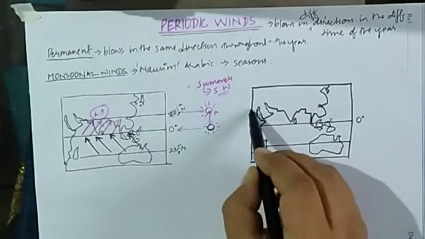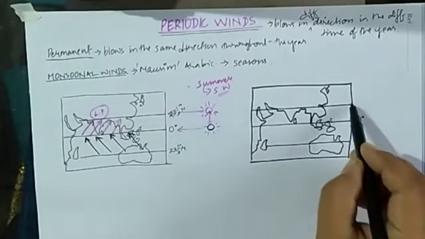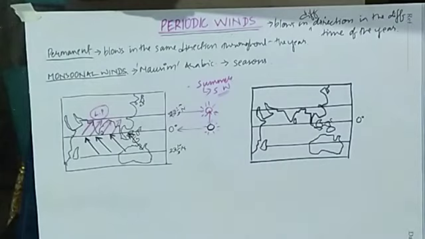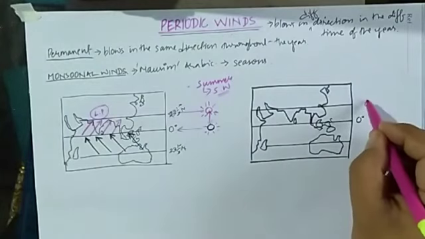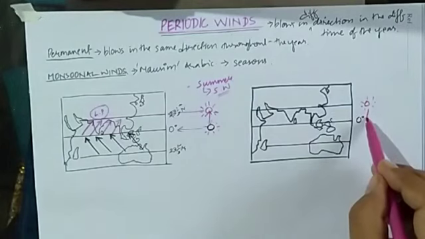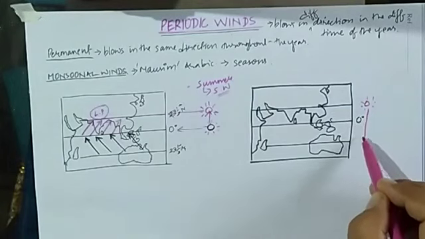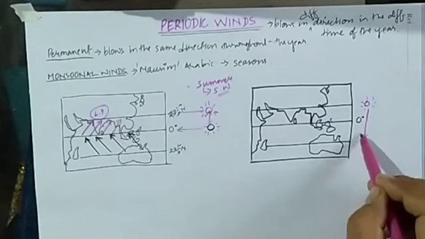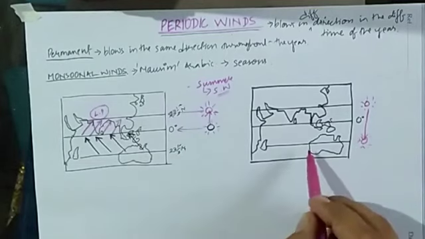Tropic of Capricorn, Tropic of Cancer. The sun which was shining over here during the summer season will slowly start shifting towards the south and start shining over the Tropic of Capricorn.